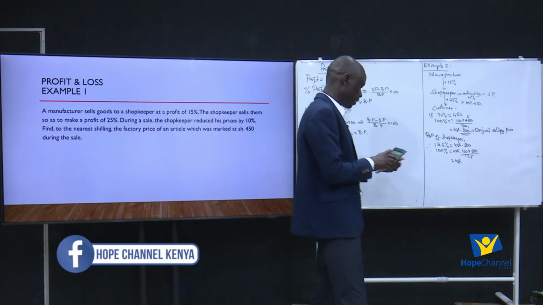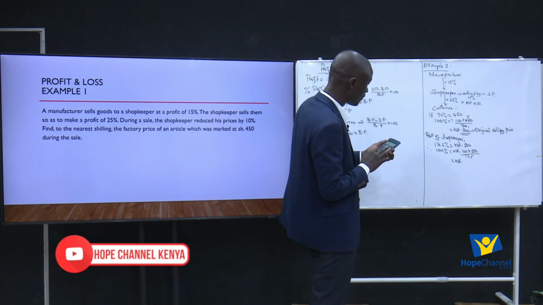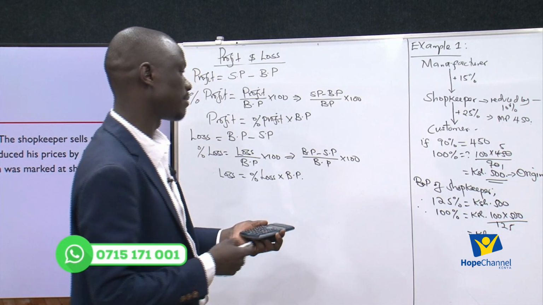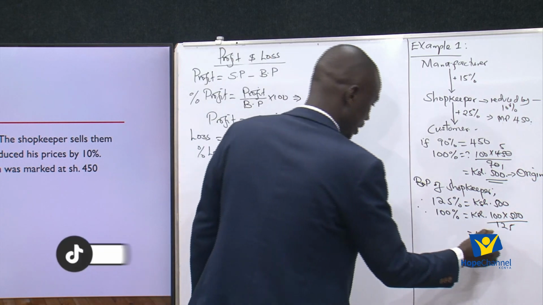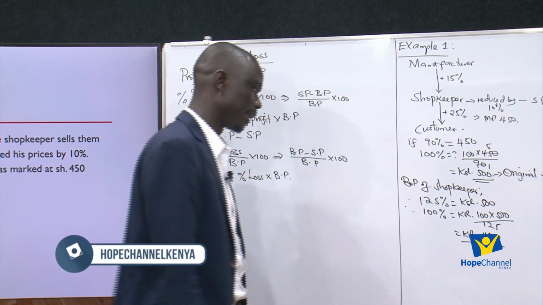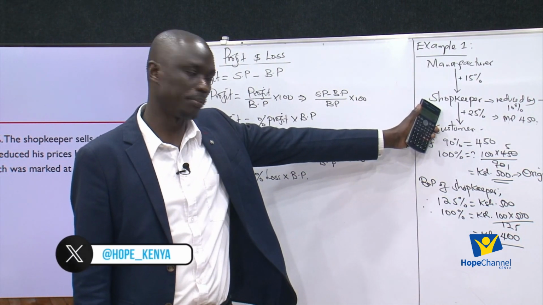So let's calculate: 100 times 500 divided by 125 gives us 400. So 400 is the buying price of the shopkeeper.